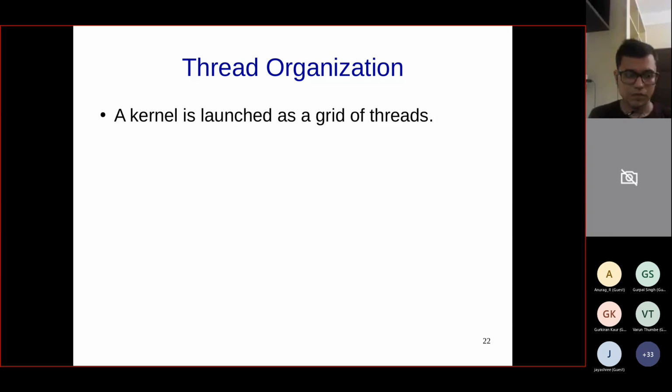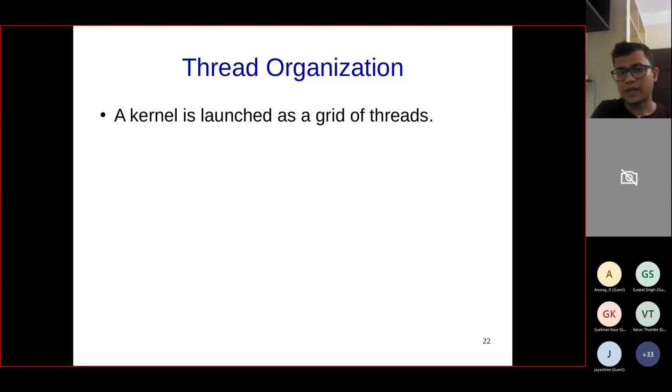Think of it like a Rubik's cube. A Rubik's cube is a cube made up of multiple small cubes, right? So think of the grid as something like a Rubik's cube, and this grid has threads inside it, but there is something more to it.